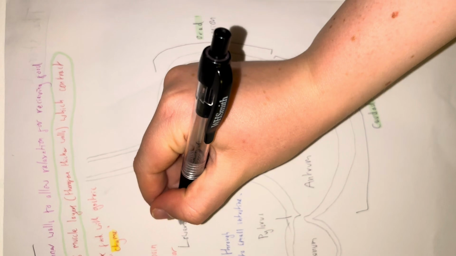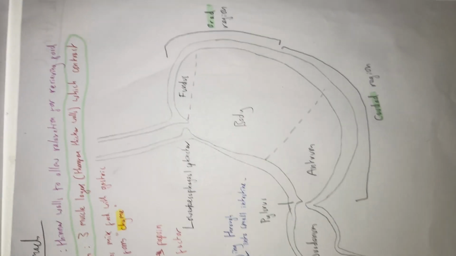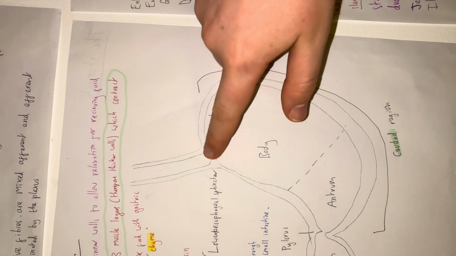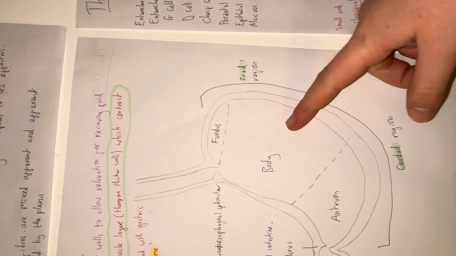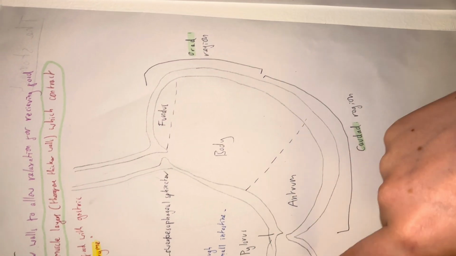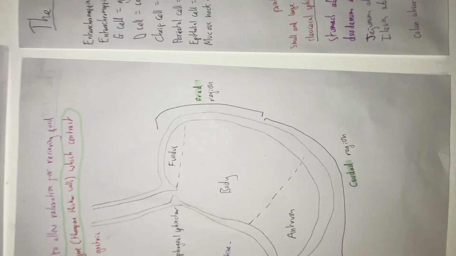There we go. That's 2 separate words there. Lower esophageal, not region, sphincter. And then we have the fundus here, which is the bit above the sphincter, and then the body, or the corpus, and then the antrum, the pylorus sphincter, and then the duodenum, however you say it.